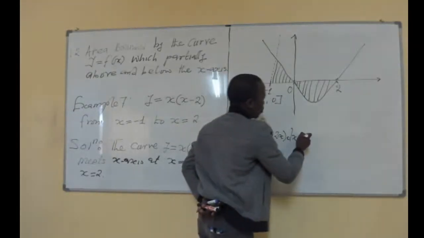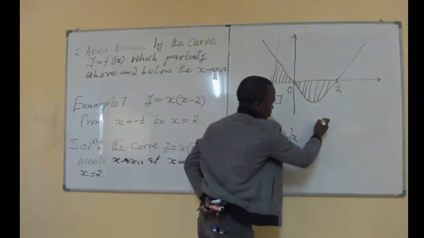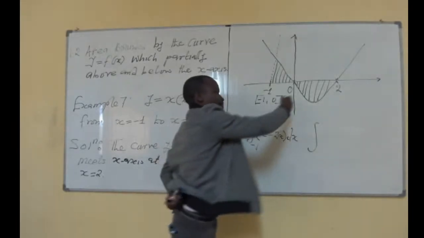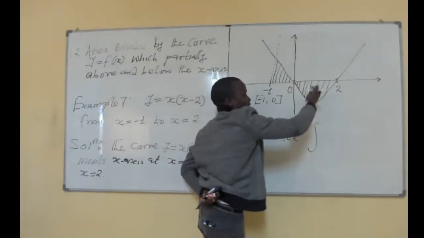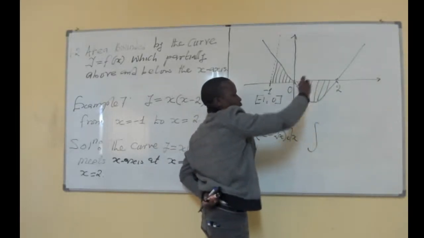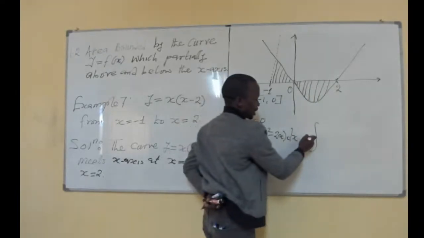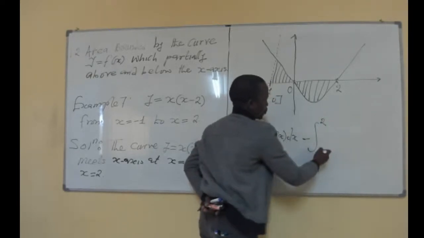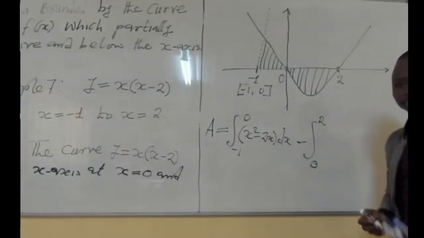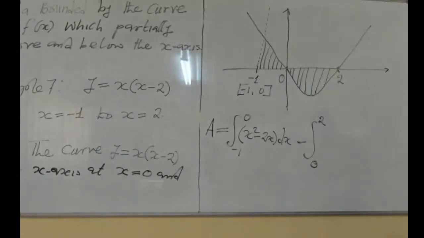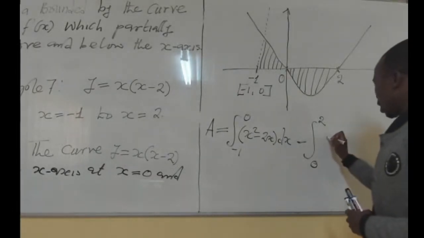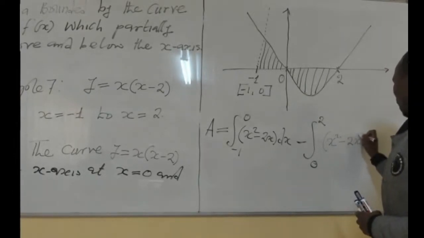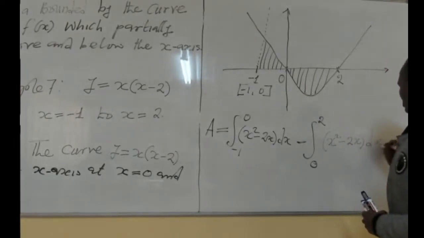Then, if you look at the other part of this shaded region, the curve is below the x-axis. So we take the negative of the integral from 0 to 2 of the function x squared minus 2x dx.